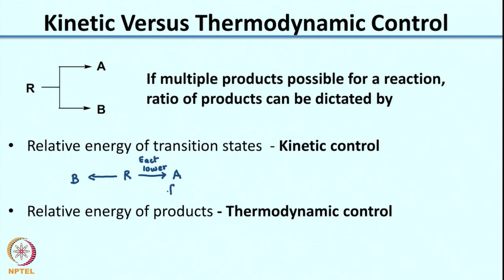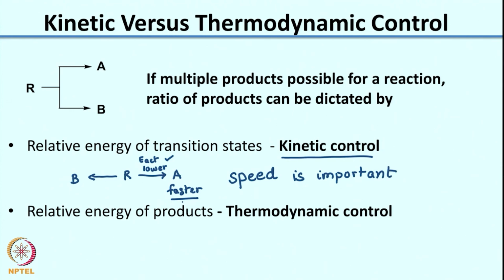That means A would be formed faster than B. If this is what decides what is formed, the reaction is said to be under kinetic control, because here the major product is decided by which has a lower activation energy. Here, speed is what is important. Since A is formed faster, more of it will be formed.